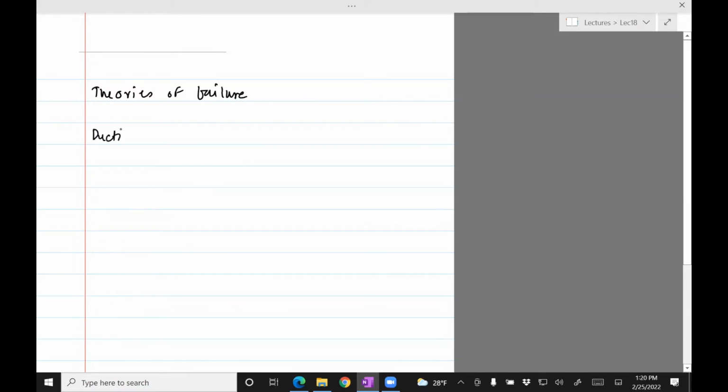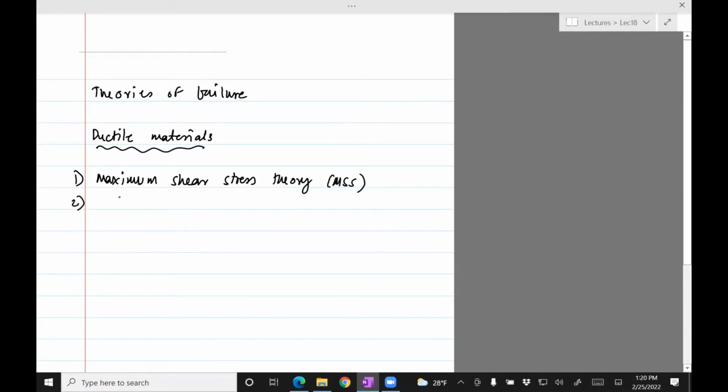For ductile materials, the most dominant theories are these, and we'll go through each of them one at a time. One, maximum shear stress theory, more commonly known as MSS. We have the distortion energy theory, DE.